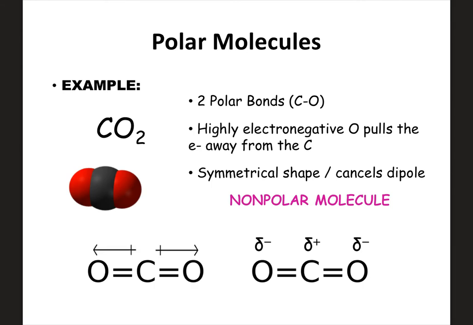Notice the difference here with CO2. CO2 has two polar bonds as well, carbon single bonded to the oxygen. If you look up the electronegativity values, they would fall in that polar region. The oxygen is more electronegative, pulling the electrons closer to itself. However, when you do the dot structure, it has a symmetrical shape. It's linear.